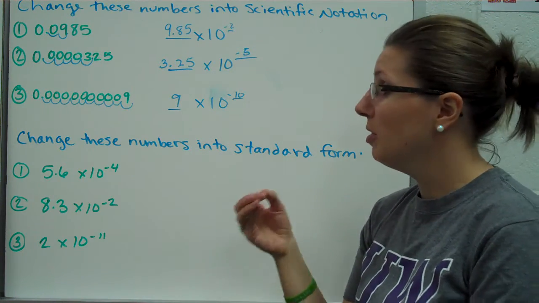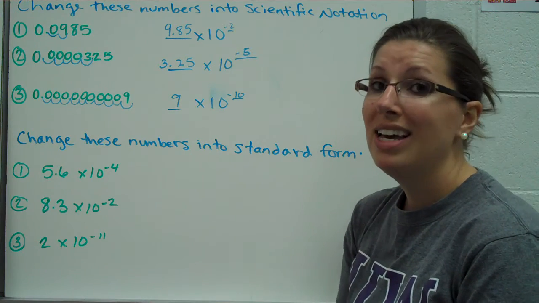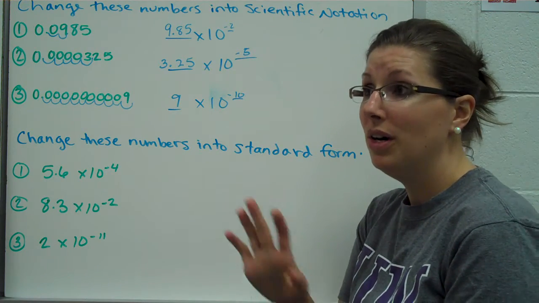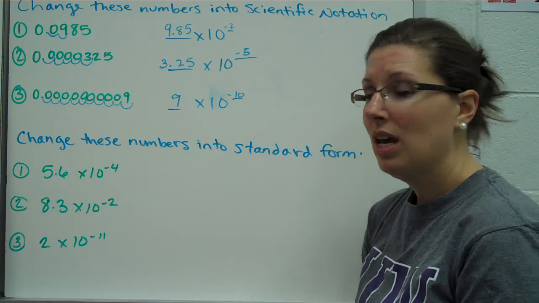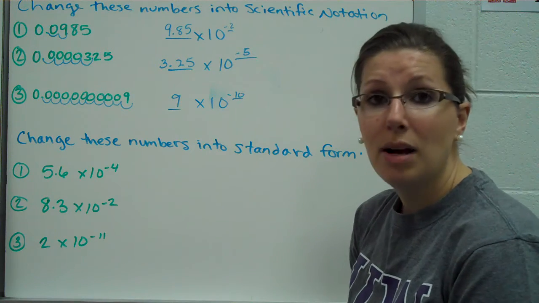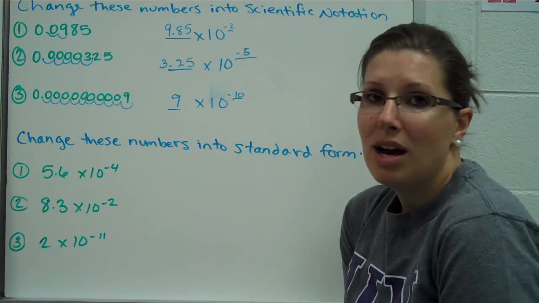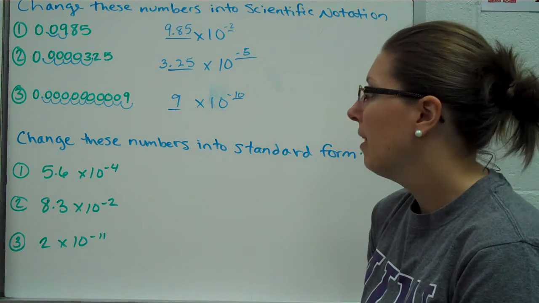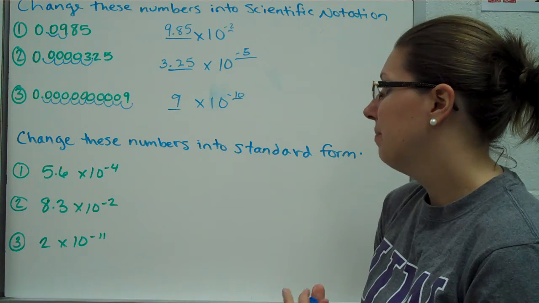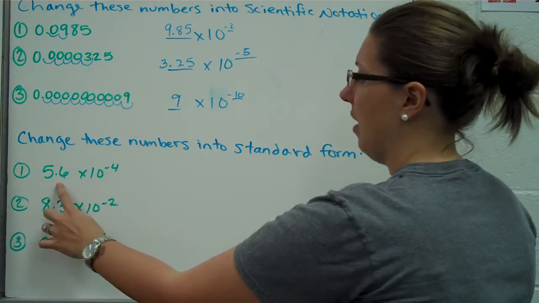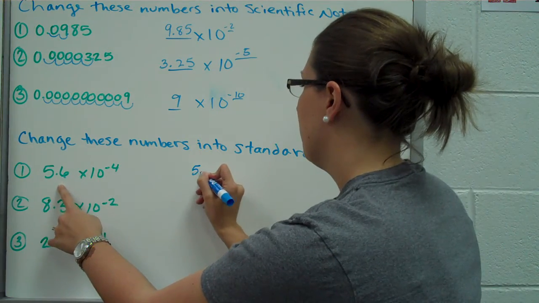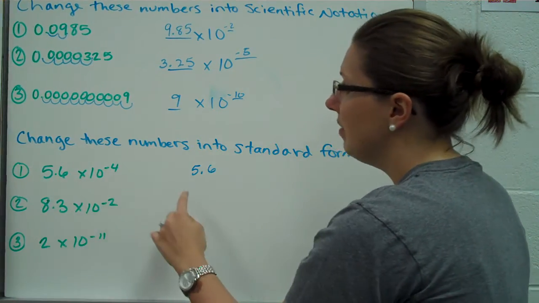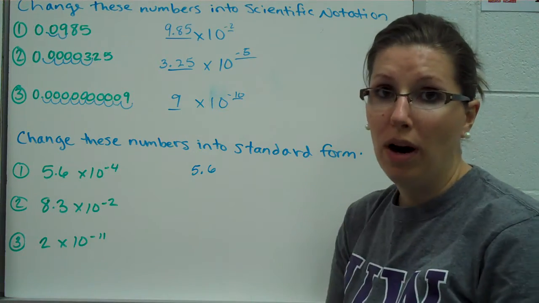Now we're going to change numbers that are already in scientific notation into a number in standard form. Again, these numbers are equal in value. I'm just changing their appearance. So here we go. I'm going to start with just rewriting that first number, 5.6. And I'm going to move now the opposite direction of before.